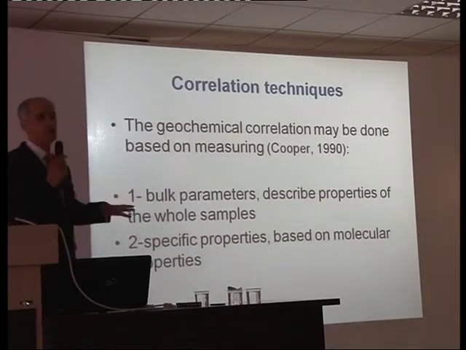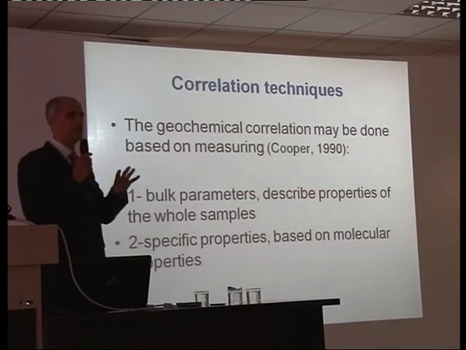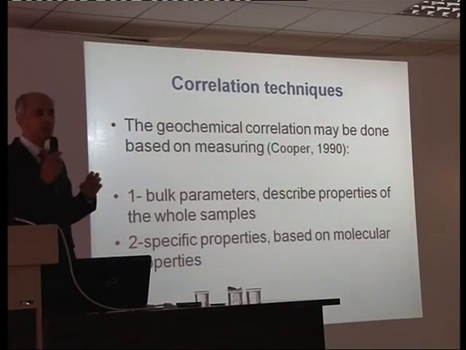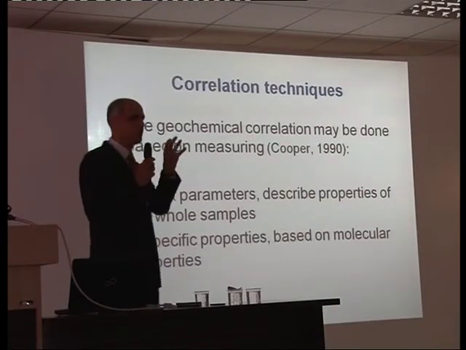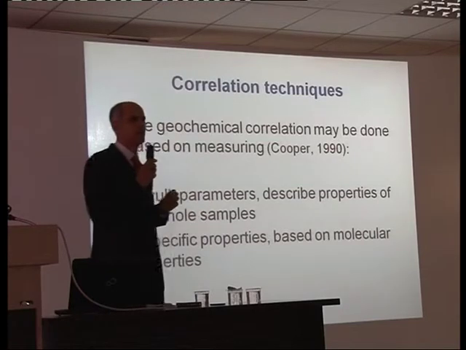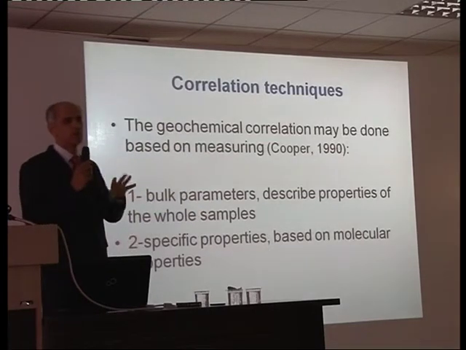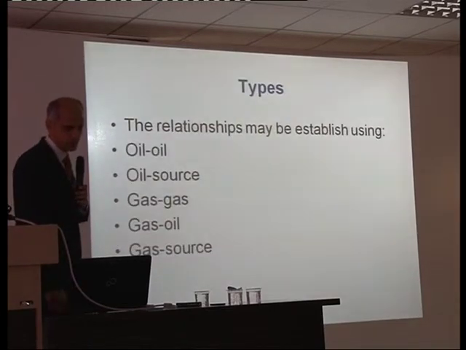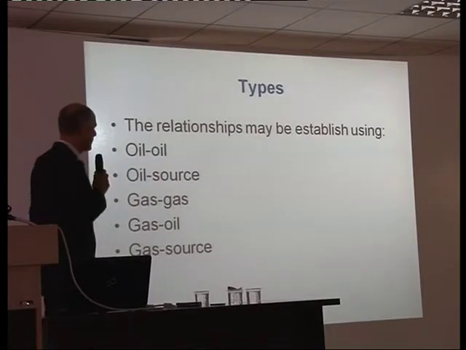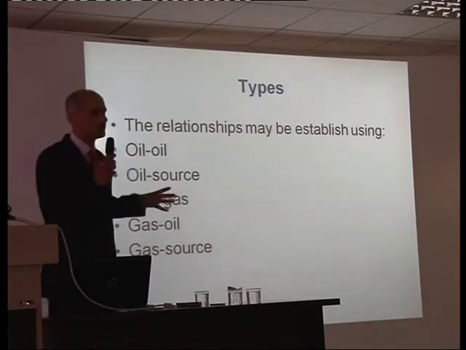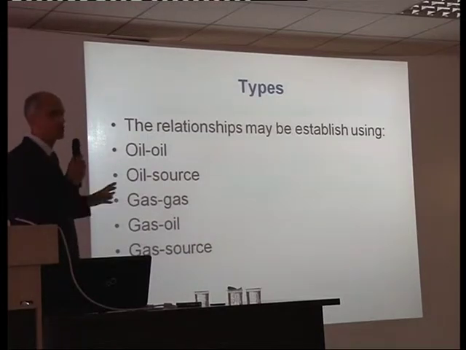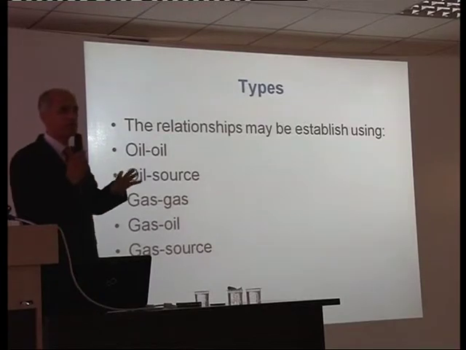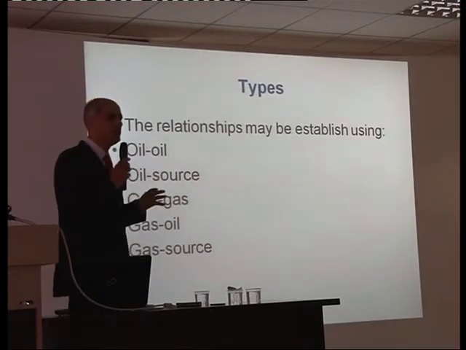So the geochemical correlation may be done using general or bulk parameters, or can be focused on one type of geochemical results which are biomarkers. Now in this seminar we will explain the second one, which is geochemical fossils. The correlation may be done by oil-source or gas-source correlation. So these techniques can be used to correlate.